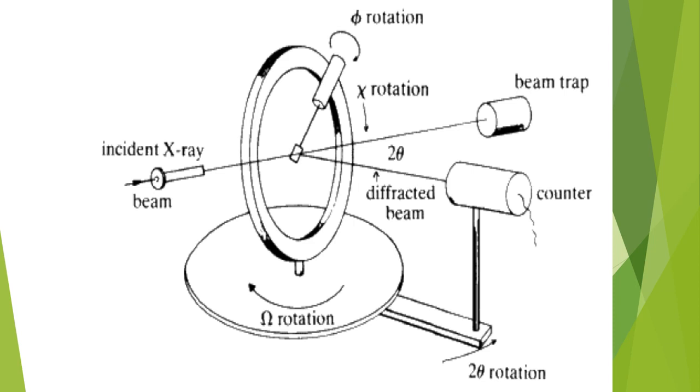One is rotation symbolized by phi, another rotation is chi, another is 2 theta, and another is gamma. These are the different kinds of rotation that occur in single crystal X-ray diffraction, in which the crystal is rotated and observed by these four rotating circles.